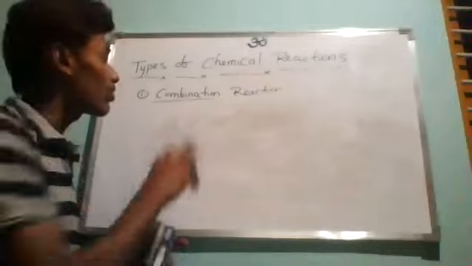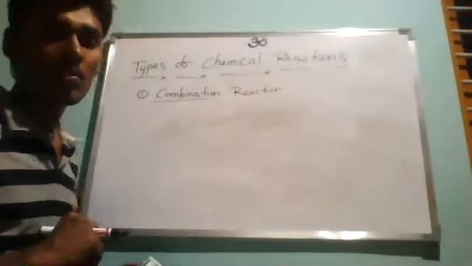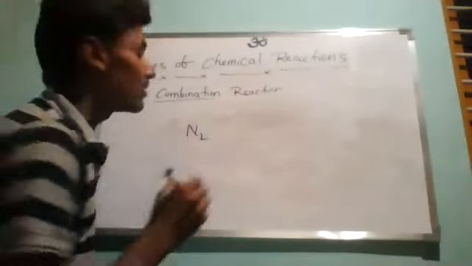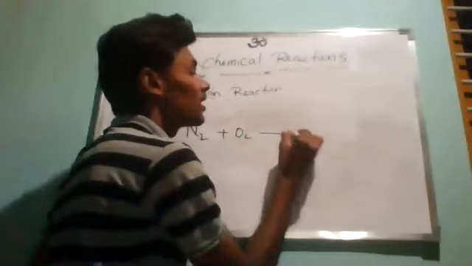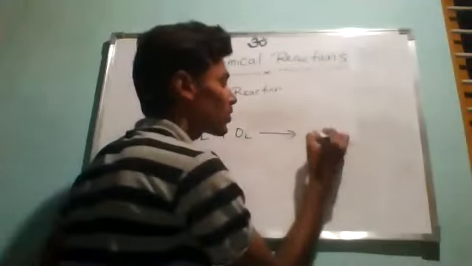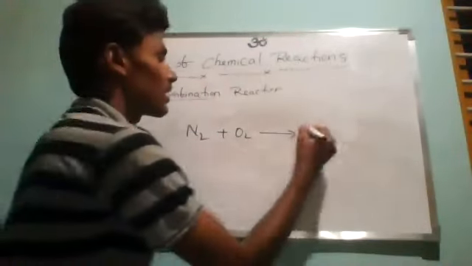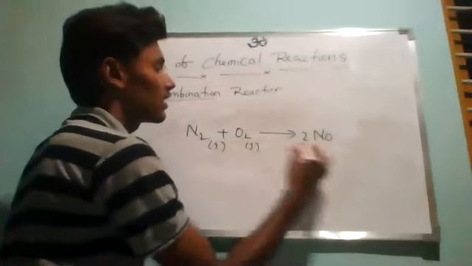Most of the combination reactions are exothermic, but not all. For example, nitrogen reacts with oxygen and forms the oxide called nitrogen oxide. Balancing it, all are in gaseous state.